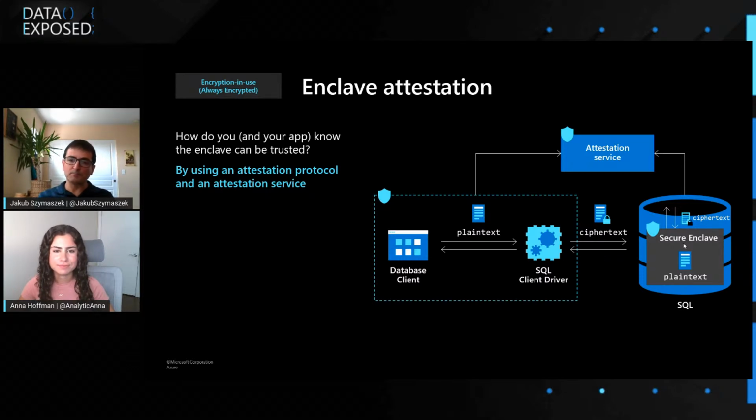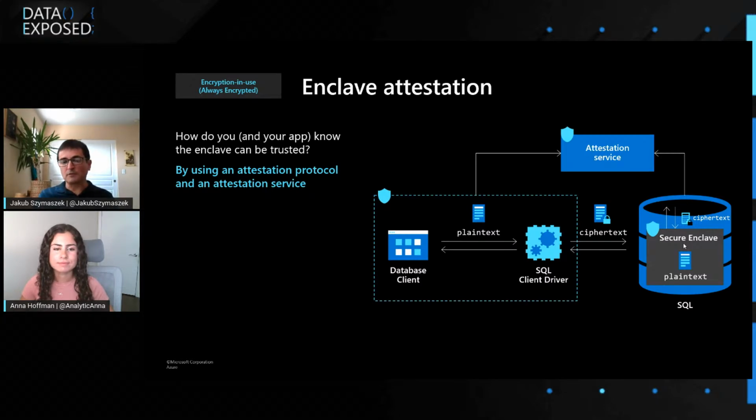The idea is that before the client driver, which is the controller for this entire workflow, leverages the enclave and authorizes its use for any computations on sensitive data, it first verifies that this enclave is trustworthy and genuine. By the way, we support different enclave technologies: in SQL Server we use VBS enclaves, and in Azure SQL Database we're using hardware enclaves.